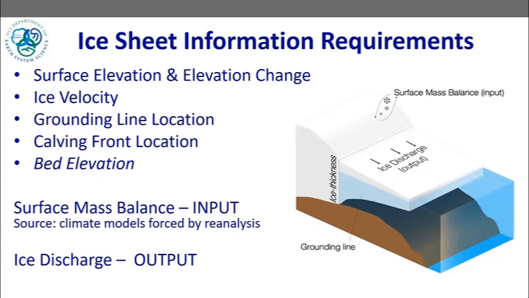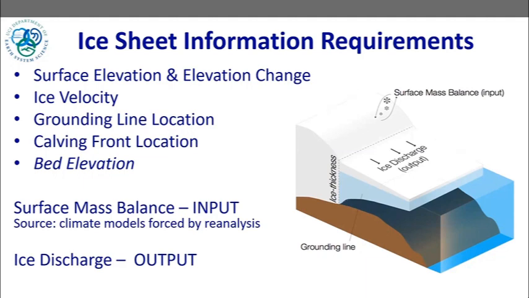This is a subset of that. We need surface elevation and elevation change. I've shown already that we could use altimetry, but there is another sensor that can be used. We need ice velocity, or information about ice velocity and changes thereof. The grounding line location and also the migration of the grounding line, as well as calving front location, calving rates, and last but not least, bed elevation.